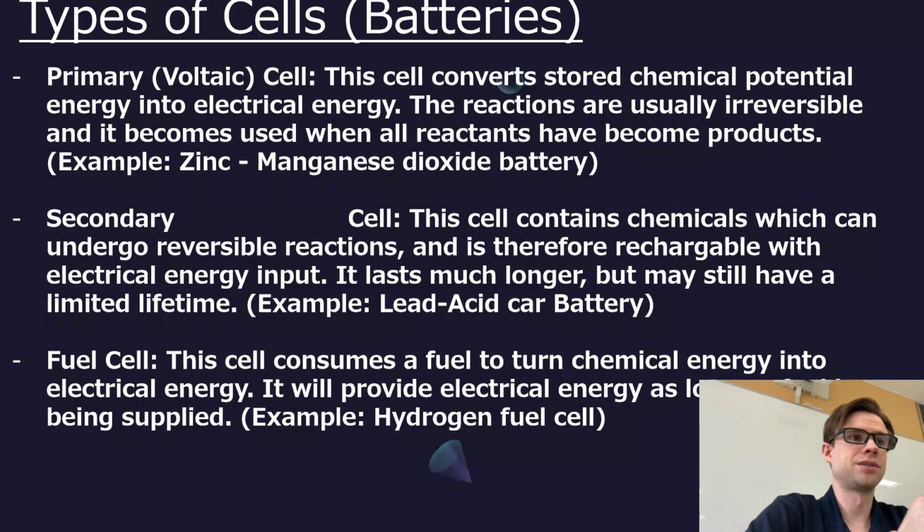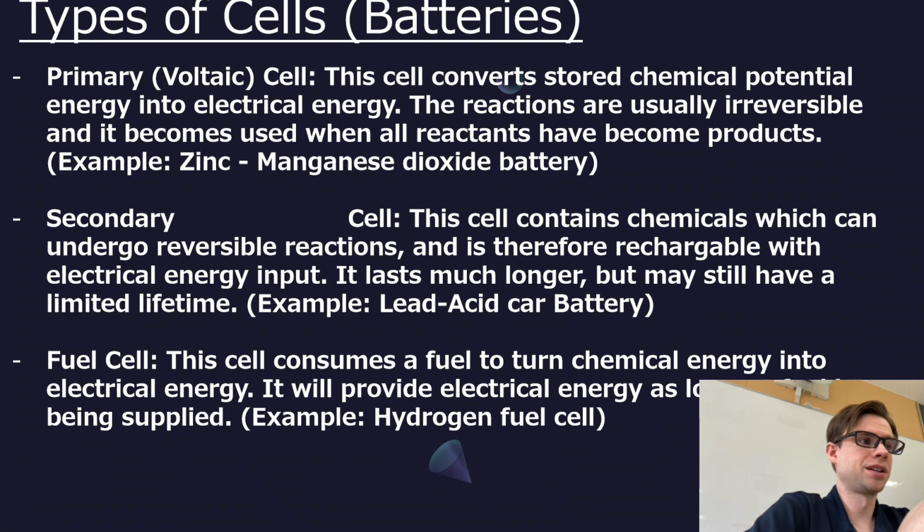This cell converts stored chemical potential energy into electrical energy. The reactions in the primary cells are usually irreversible, so the fuel gets consumed and becomes used when all the reactants have become products. So for example, a zinc manganese dioxide battery, you use it, get some energy output, and then it's dead. All the reactants have become products.